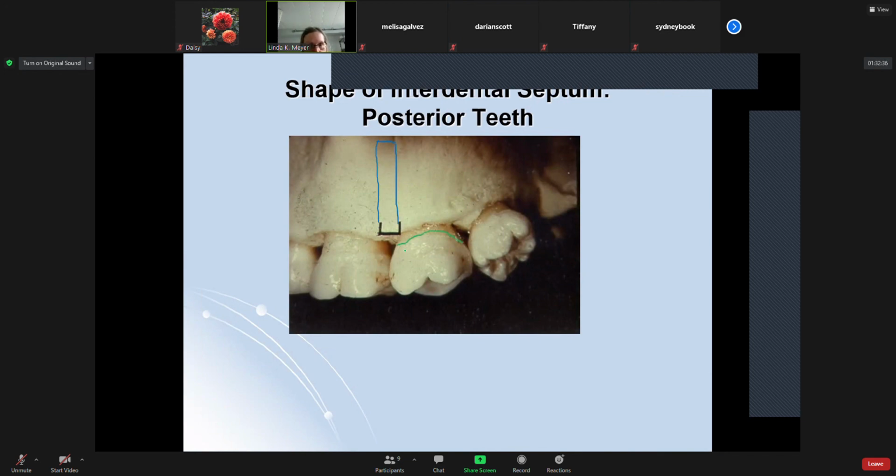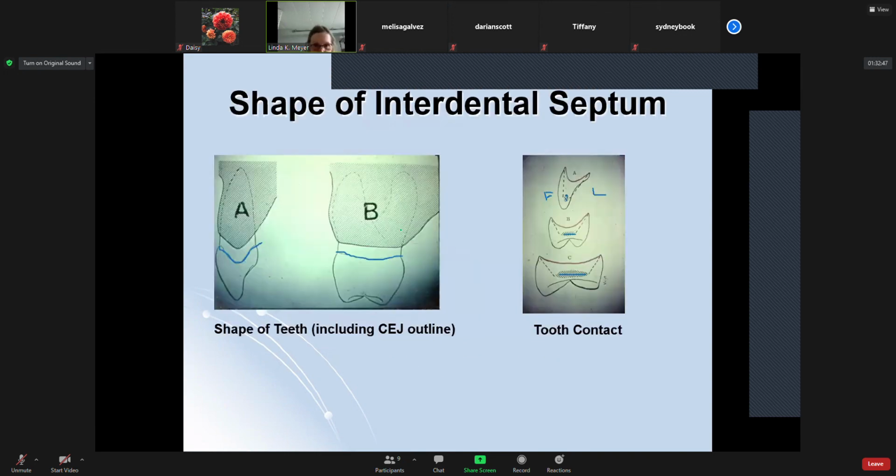It doesn't come up as coronally, making this more of a box shape rather than conical shape. So that's just in general in health, relating the shape of the teeth, including the CEJ outline and the tooth contact. And then the positioning of the teeth will affect that a little bit too.